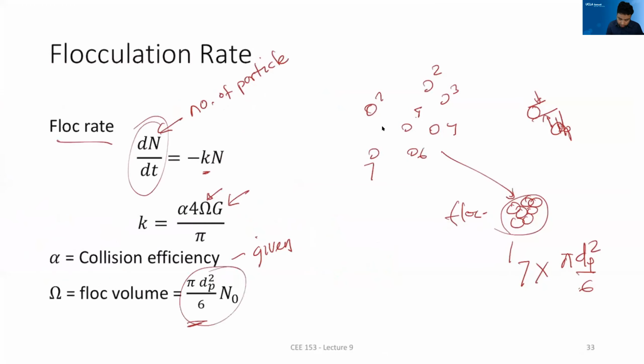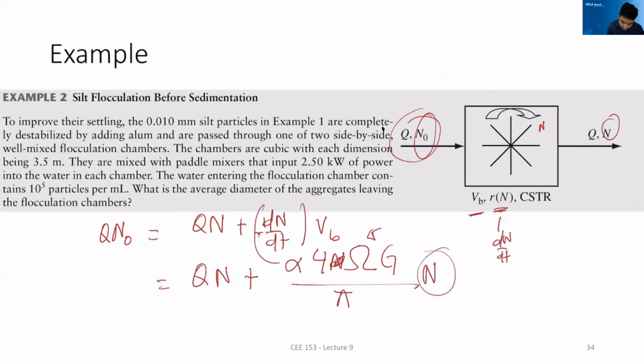The point is you have N, so you can calculate N0 by N if you take the N to the other side, and then you have a factor here. If you take the Q out, this is divided by Q, so it will be 1 plus some value here. You can calculate that, and that's what is being asked: what is the average diameter of the living particles.